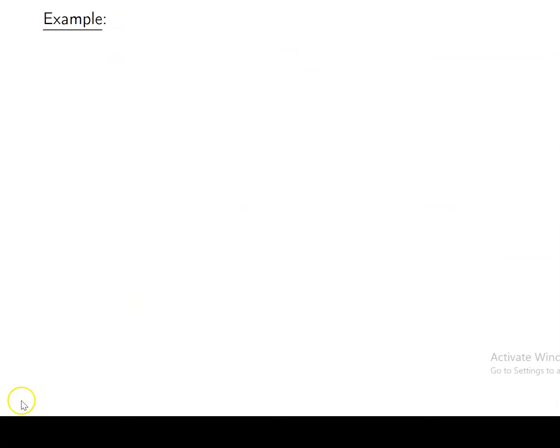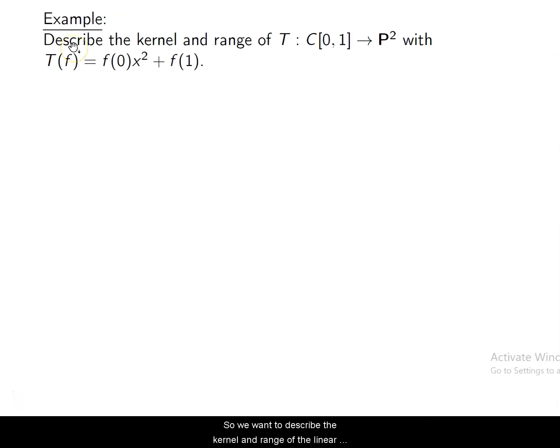Next example. So we want to describe the kernel and range of the linear transformation from the smooth functions on the interval 0 to 1 to P2, right? Polynomials of second degree, with the following.